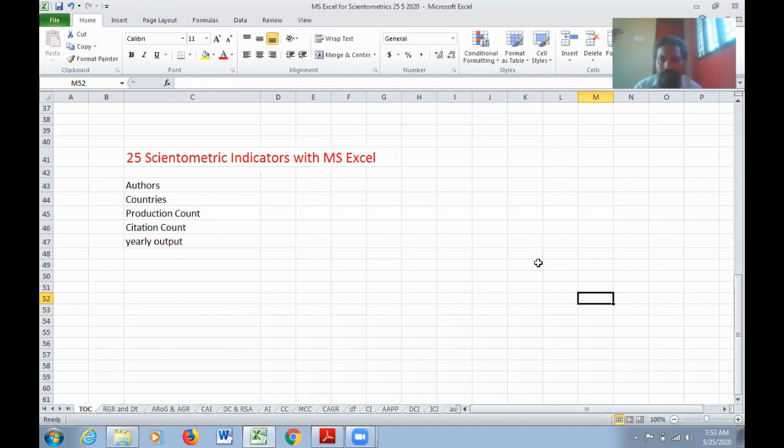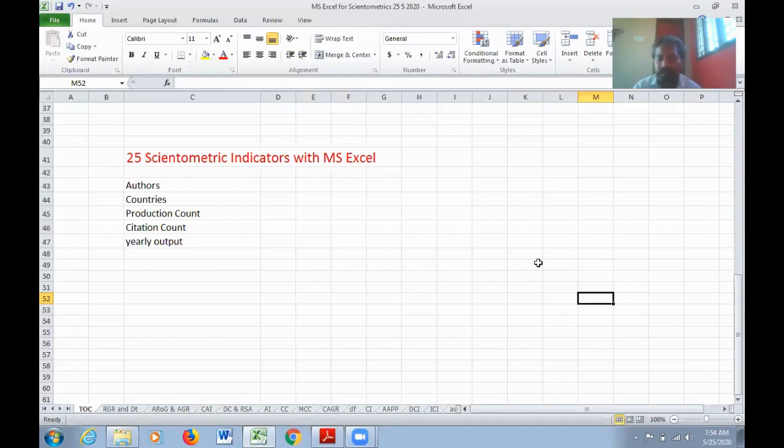I have tried to give a formula for all these scientific indicators so that when we share this Excel sheet with you, if you have the relevant data, you can just fit it into these formulae and get immediate answers to all those indicators. This presentation will help you to prepare a minimum of 25 tables for your research paper, thesis work, MPhil work or PG project work.